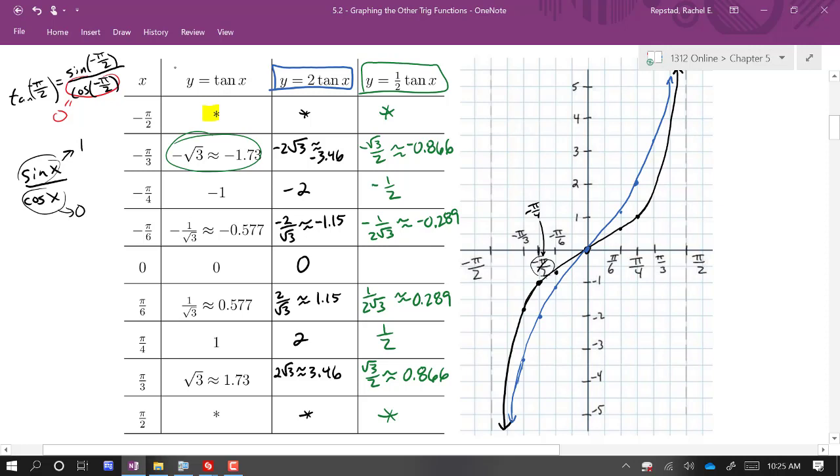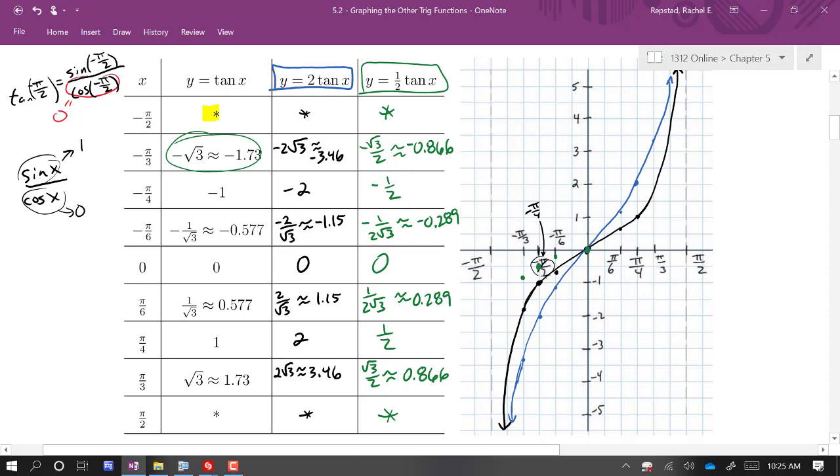Plot these points as best I can. At negative pi over 3, we're at negative 0.866. So maybe about there. At negative pi over 4, we're at negative a half, then we're back to 0. Oh, I didn't mark down 0, but of course 1/2 of 0 is 0. And at negative pi over 6, we're at negative 0.289, so maybe about there.